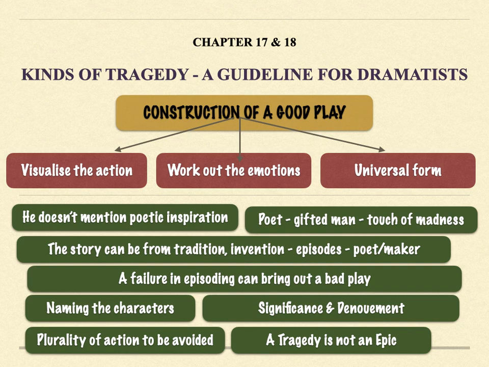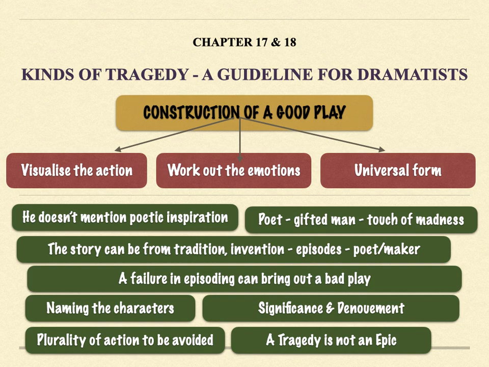Now, the second one is working out the emotions. This is very important because tragedy is all about catharsis, or the purgation of emotions. So if the audience is to get into that purgation of emotion, the emotions of the characters should be worked out in an accurate way.